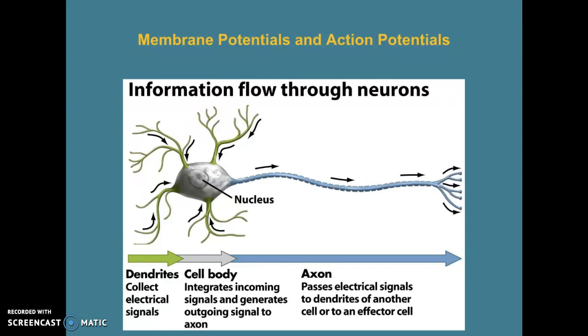If those ions flowing in are sodiums, then that's going to create a depolarization of the membrane. Now, if the ions flowing out are potassiums or the ions flowing in are chlorides, that's going to cause a hyperpolarization.